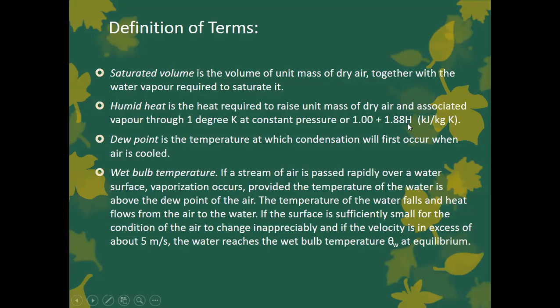It would be the same if you're going to convert it anyhow from English to SI. So this is your formula for the humid heat of a mixture of water vapor and air given its humidity. So it's 1 plus 1.88 times the humidity of that air.